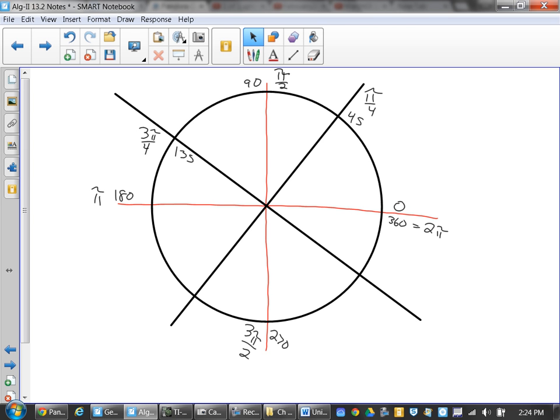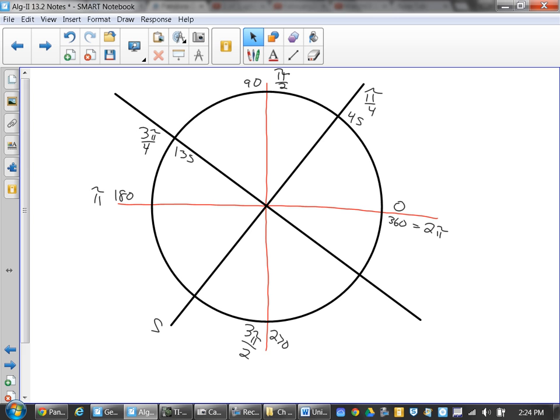See how I just, notice what happened. 1/4, 1/4, 1/4, 1/4. Pi over 4, 2 pi over 4, 3 pi over 4, 4 pi over 4. What's this going to be? 5 pi over 4.